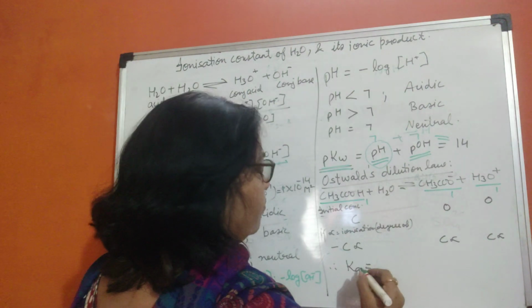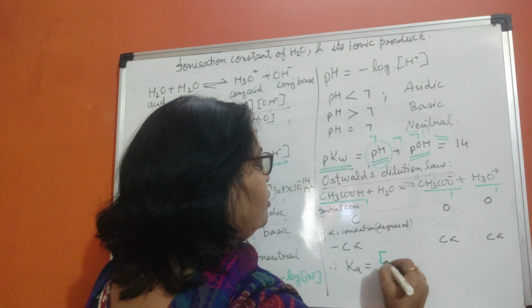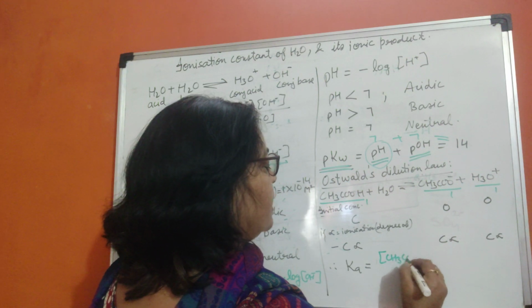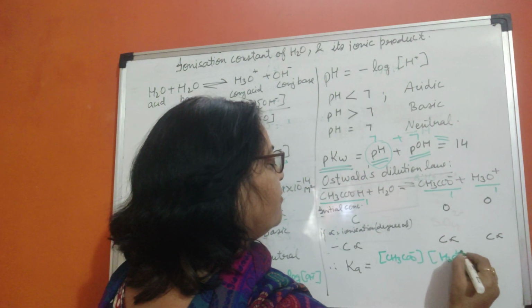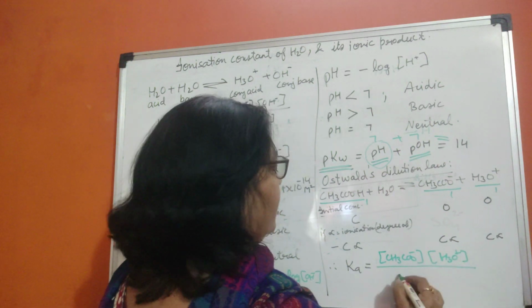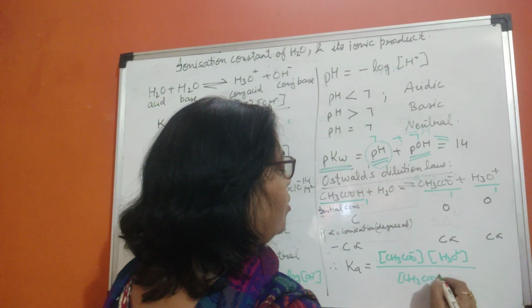Now for this equation Ka equals the concentration of products, so CH3COO negative into H3O positive divided by the concentration of CH3COOH.